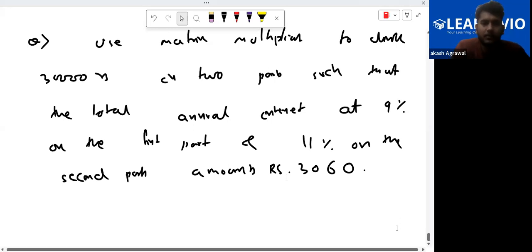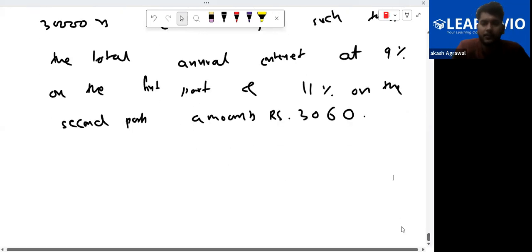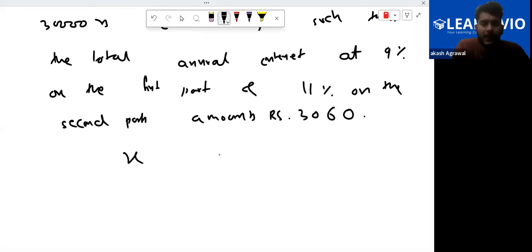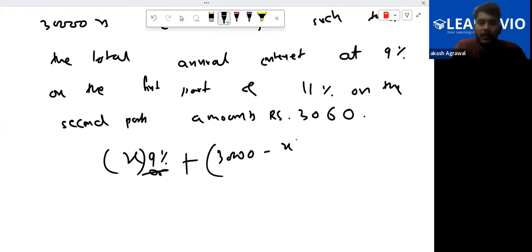So in childhood, how we did this, we said let's divide 30,000 as x and 30,000 minus x. So 9% of this interest plus 11% of this interest should be equal to 3060. Yes or no? Yes, sir.